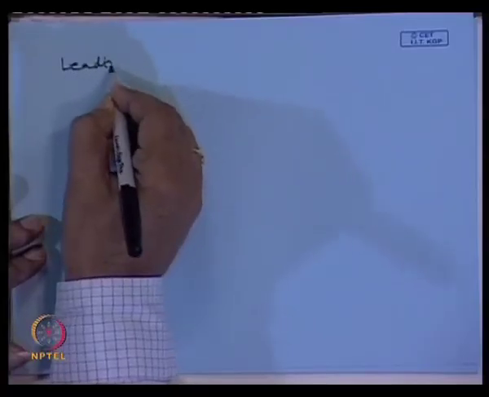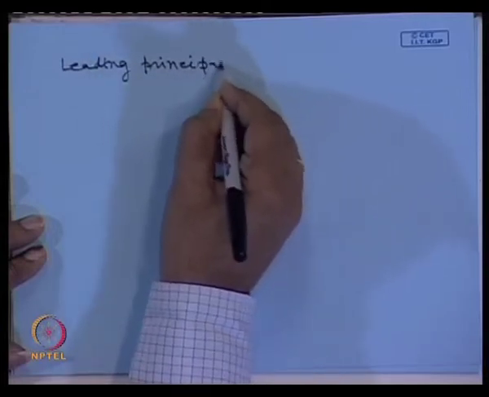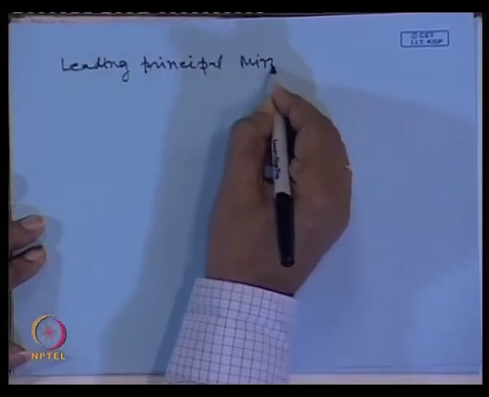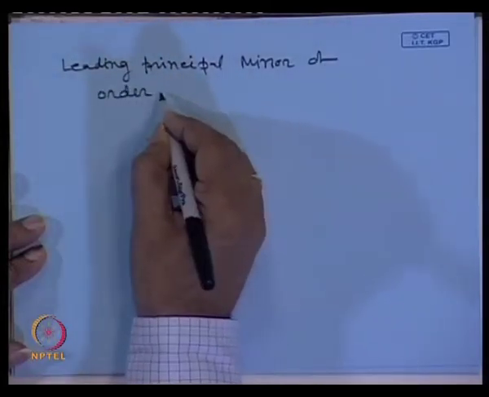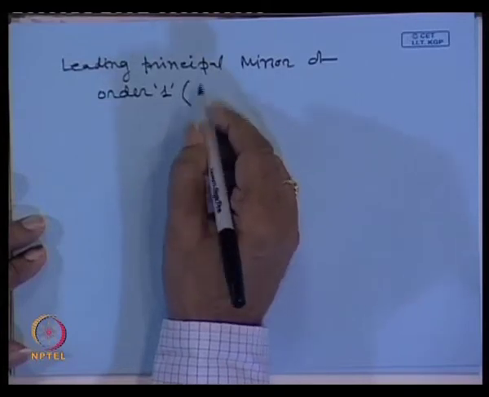First, we have to find out the leading principal minor of order 1. Then how many rows and columns do we have to delete from the last?